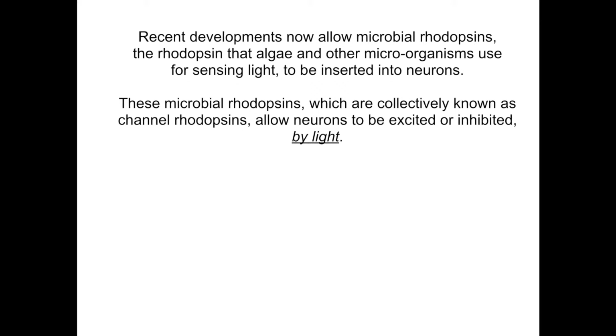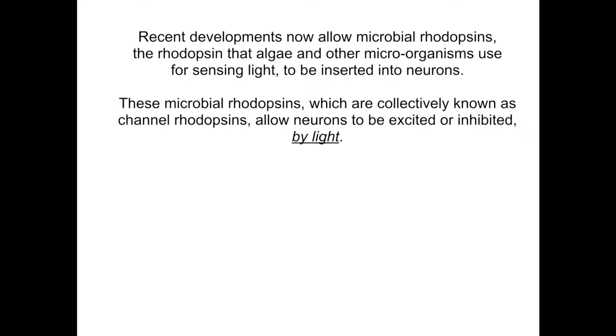Neurons are normally excited or inhibited by the release of neurotransmitters from the cells that innervate them, or their activities can be manipulated experimentally by applying either depolarizing or hyperpolarizing currents directly to the cells, thereby exciting or inhibiting them.